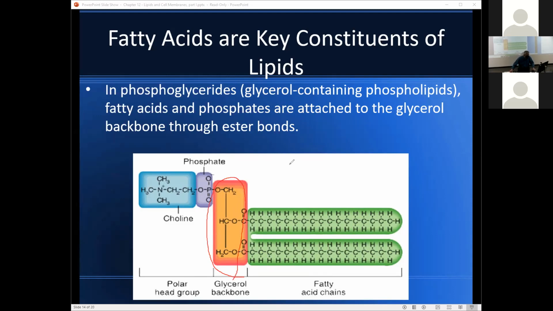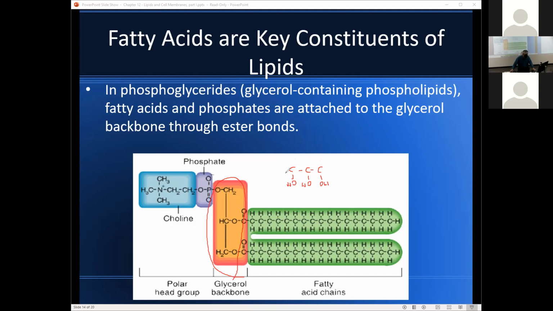And so glycerol molecule, again, pardon my penmanship, but I'm going to try to draw with the mouse today. Okay, so this is basically what a glycerol molecule is.